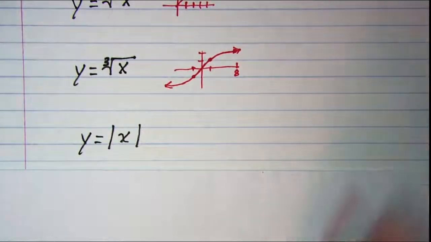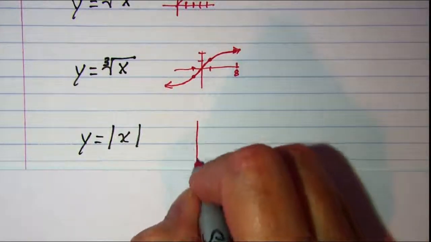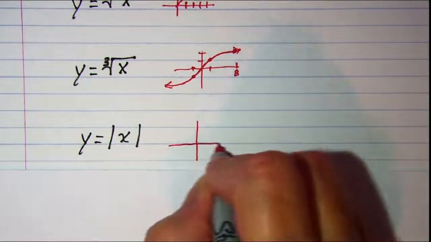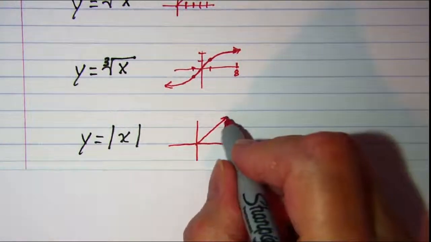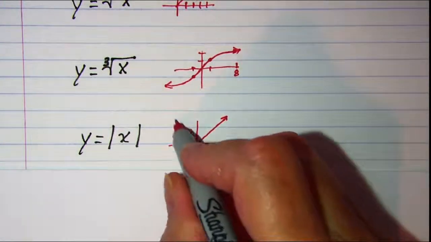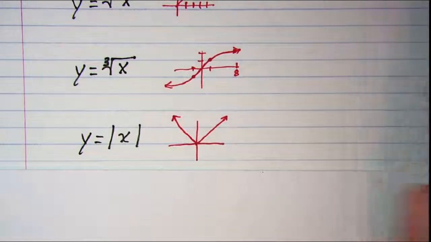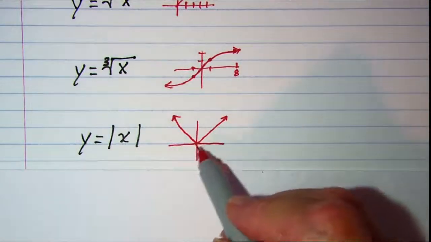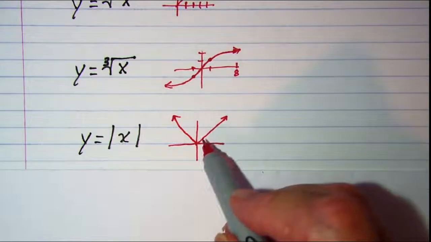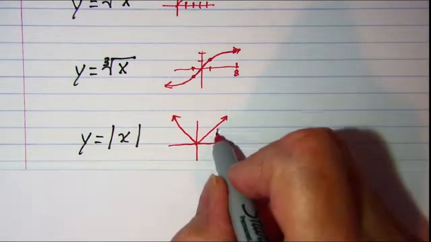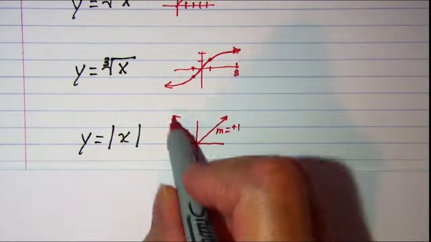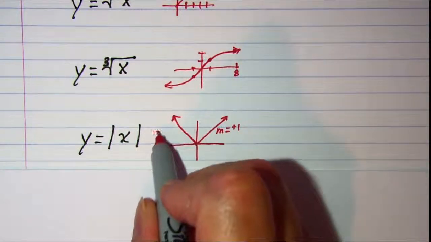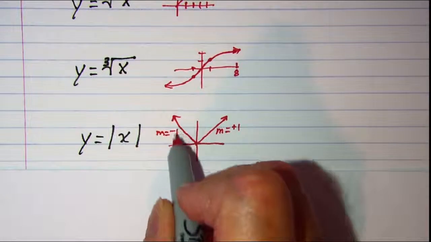Absolute value of x is a V shape. And the right side has a slope of +1. And the left side of the graph has a slope of -1.